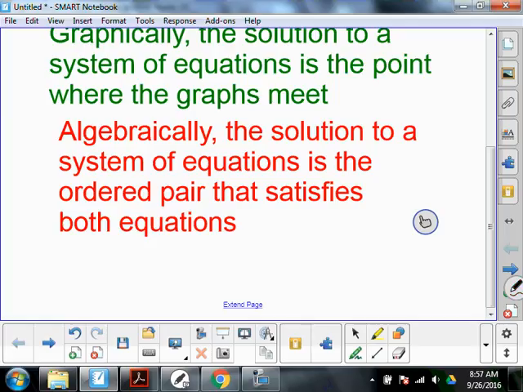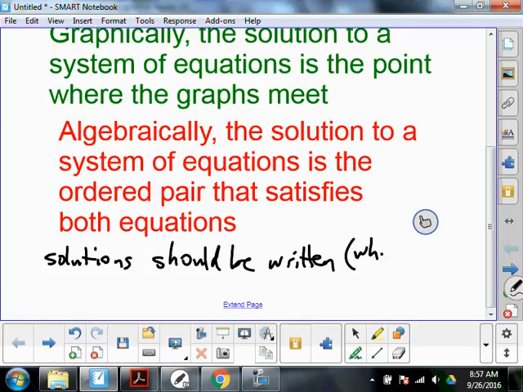Regardless of what type of answer we're talking about, we ought to write our answers, if there is one, as follows. Solutions should be written whenever possible. So I'm going to put that in parentheses. When possible, solutions should be written as an ordered pair.